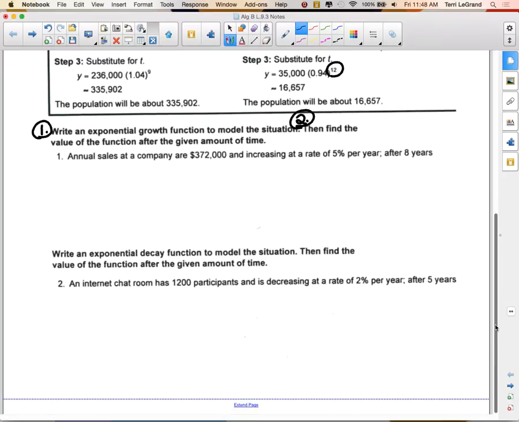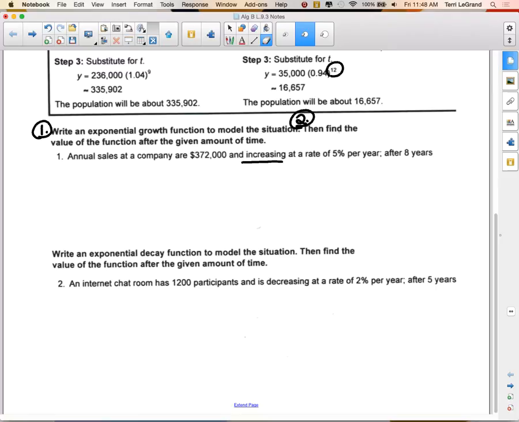Okay? So, I want you right now to do all the things that we would, first of all, we're going to decide it's increasing. So which model should we use? The exponential growth model. So how's that one go? y equals a times (1 plus r) to the exponent t.